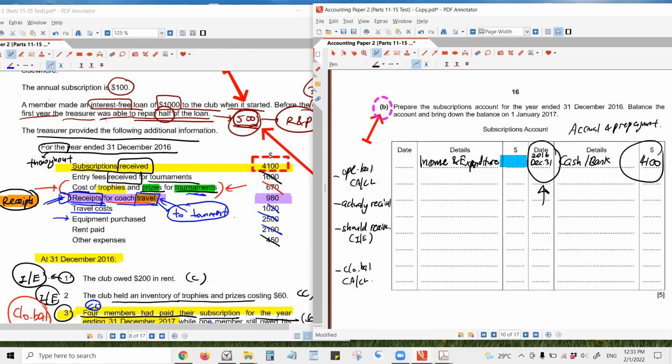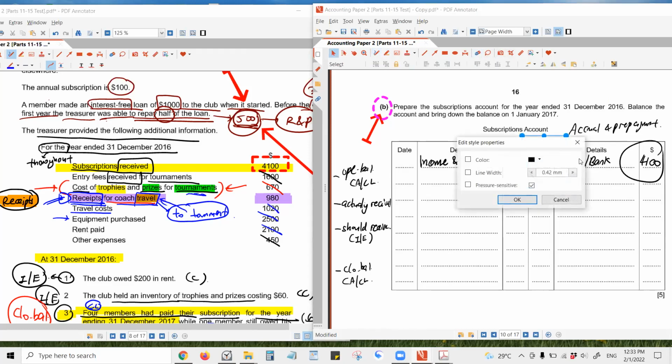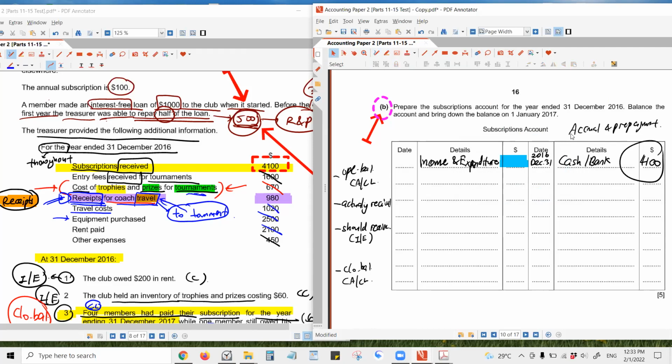Since all the members pay on different days, you choose the year end because that's the last possible day to receive it. Then continue. The next date to write here is also the year end because you prepare the income and expenditure account at the year end. Okay, so this is also the transferring process, remember? This is also the transferring process.